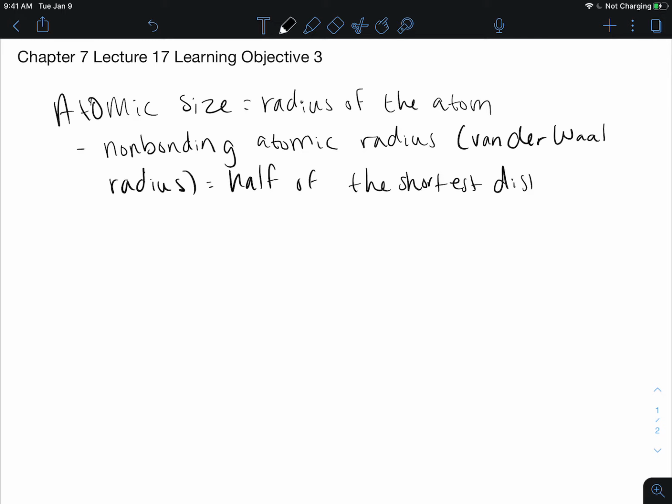This is not the most commonly used one, because it doesn't really give us very much information about bonding, and that's usually what we care about.